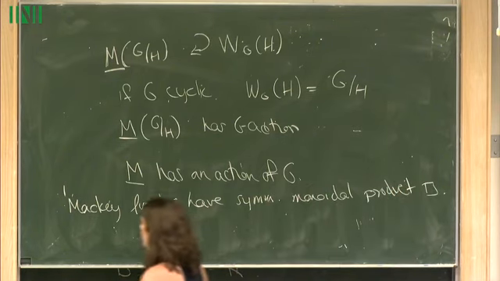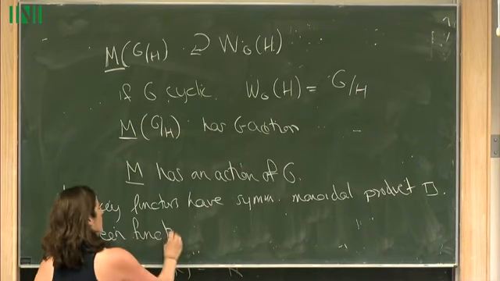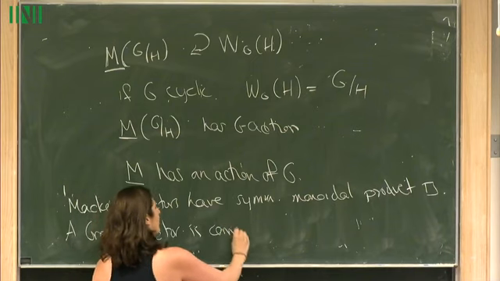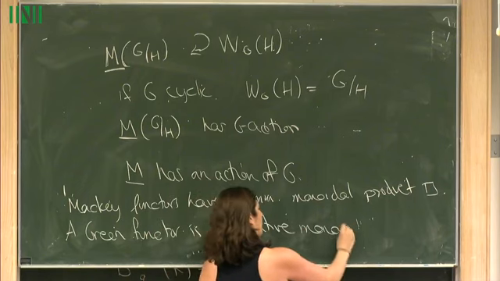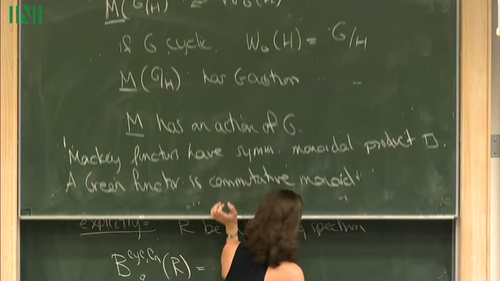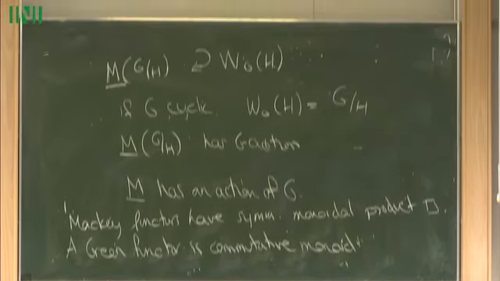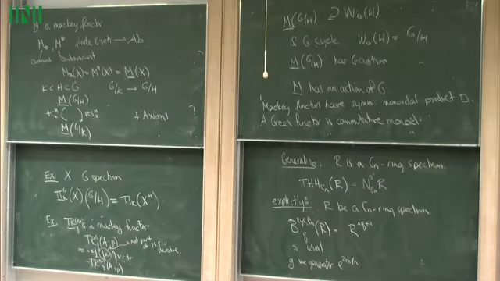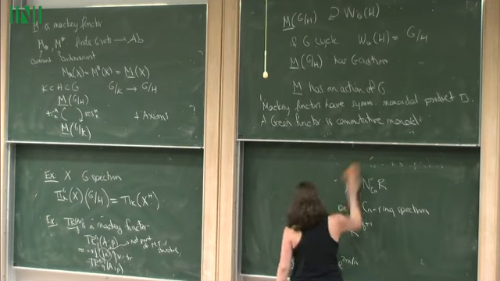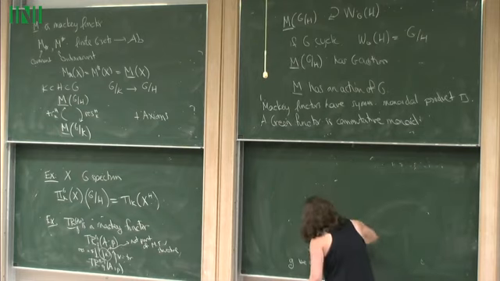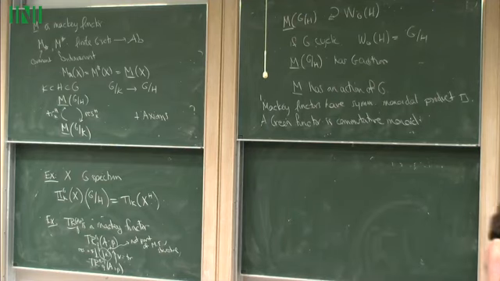A Green functor is a commutative monoid in this category. So it's a Mackey functor with a way to multiply. That allows me to make sense of a cyclic bar construction type construction.